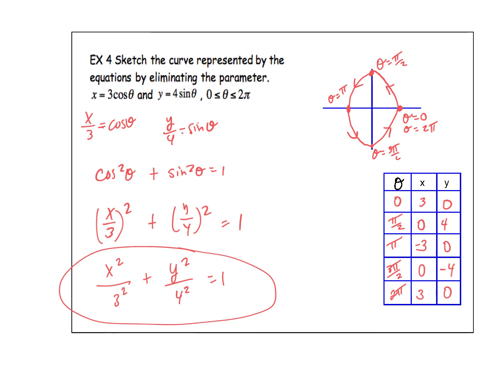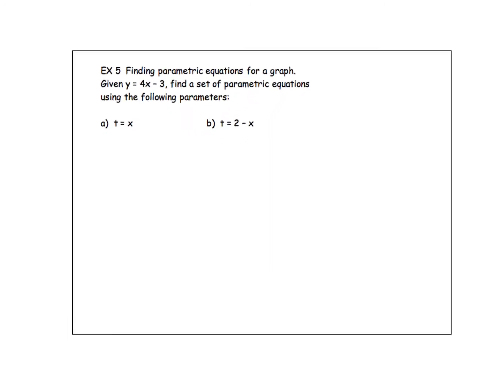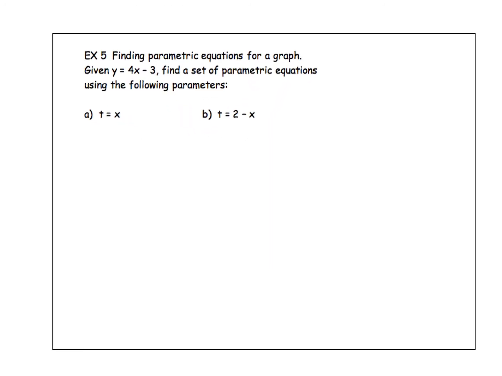The next one is silly easy, kind of. Kind of easy where you're like, oh, did I do something wrong? Because it's too easy. All right. Finding parametric equations for a graph. So if we are told that y equals 4x minus 3, that's our rectangular equation. Find a set of parametric equations using the following parameters.